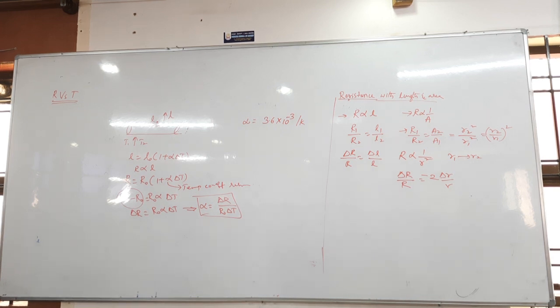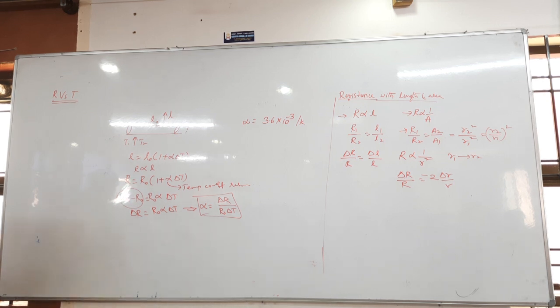Whatever the answer you are getting, you have to get less than 2.5. The resistance at 100 degrees Celsius is 2.5, right? Then at 0 degrees Celsius, it should be less than that, obviously. That is the basic logic. 2.5 only. How much?